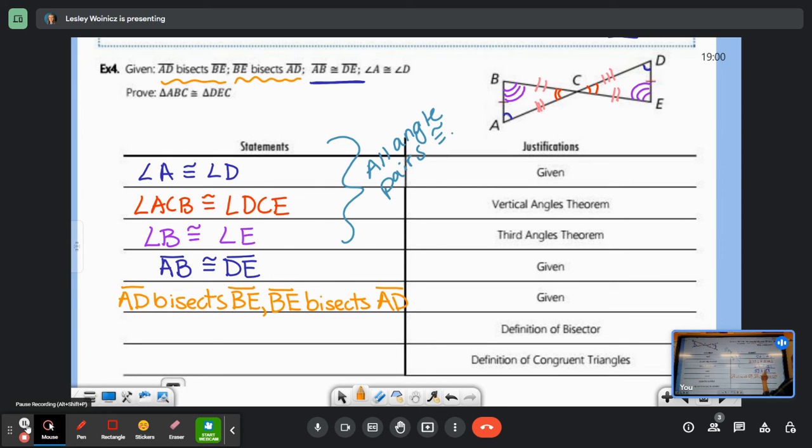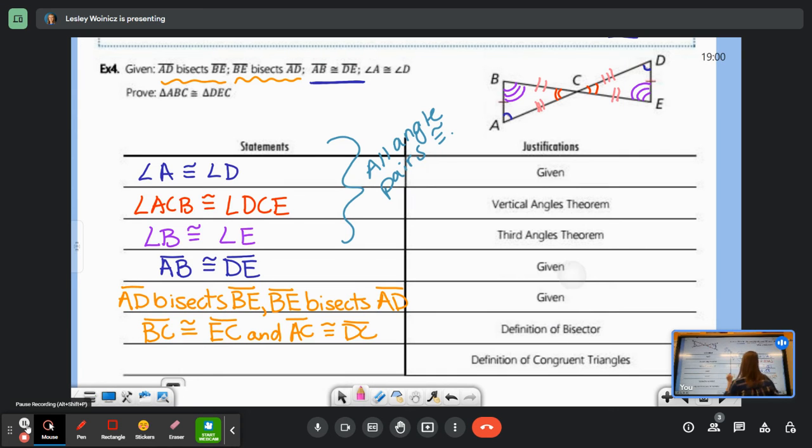Okay, so if AD bisects BE, I know that BC is congruent to EC, and AC is congruent to DC. Okay, and that comes from the definition of a bisector.